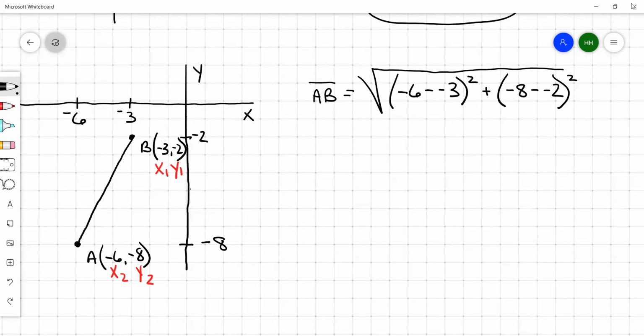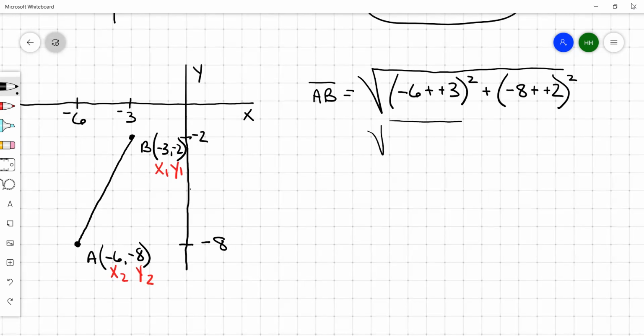Now, subtracting a negative is the same as addition, right? Did anybody teach you keep, change, change? We can make both of these positive and both of these positive.